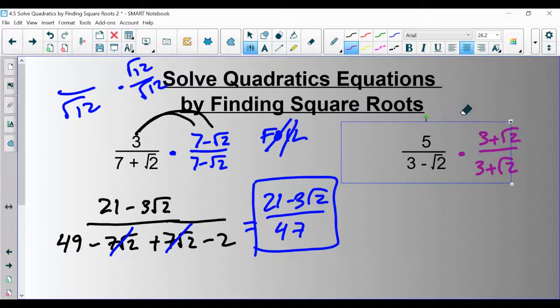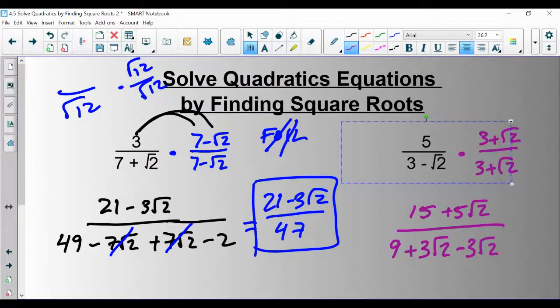I have to distribute the numerator, which would be 15. And then 5 times root 2 is just going to be 5 root 2. When it comes to my denominator, this one I have to FOIL. And so I'm going to do 3 times 3 to get 9. 3 times root 2 to get plus 3 root 2. 3 times negative root 2, so it's just going to be minus 3 root 2, right?